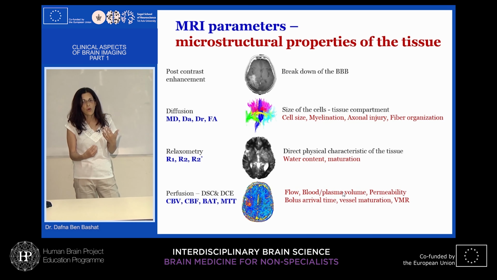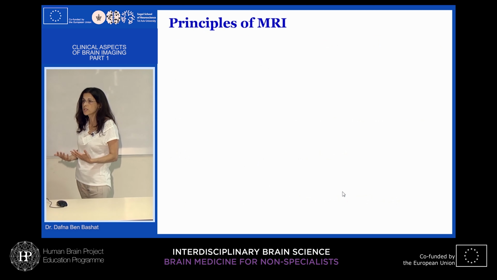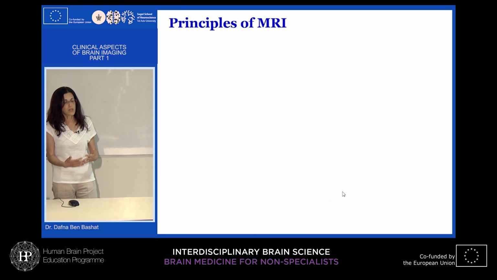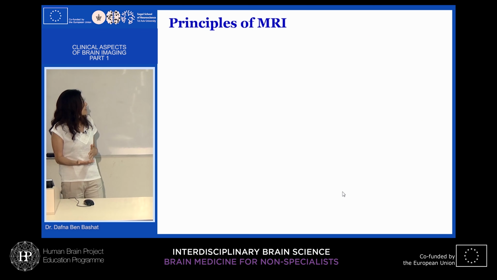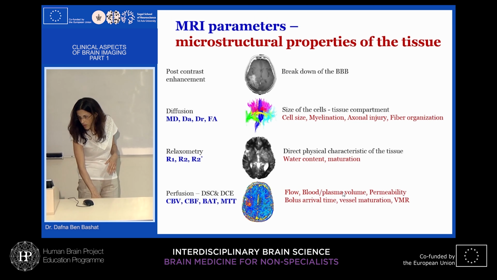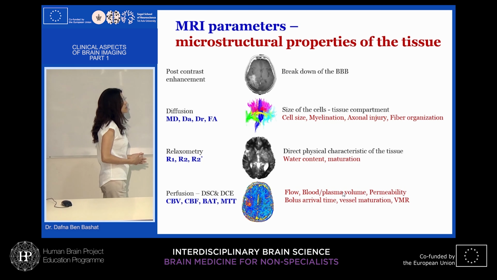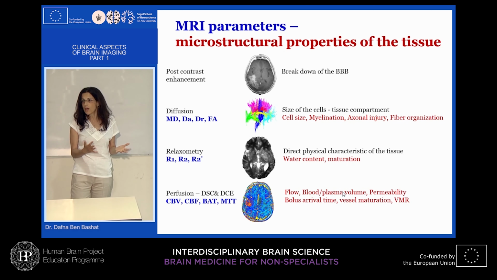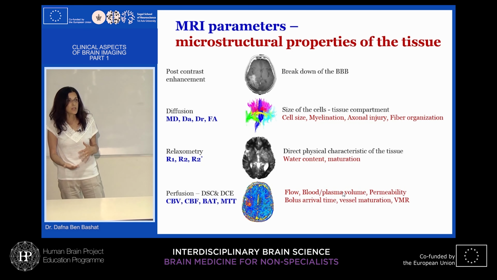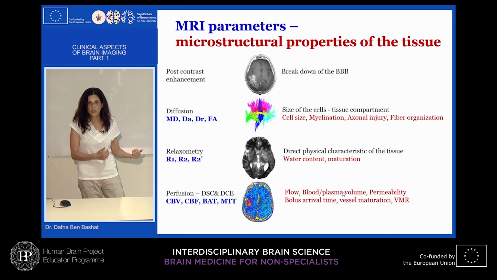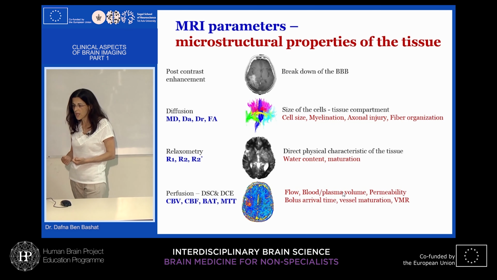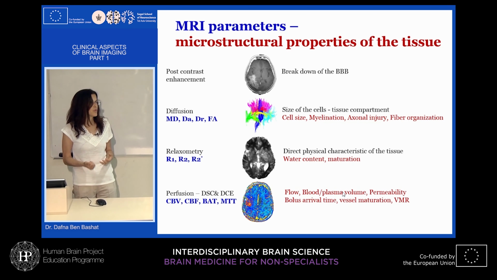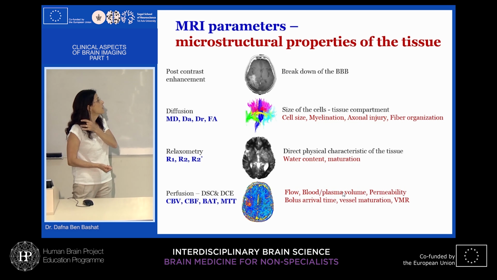So we need to know any information: what's going on, what we suspect, what is different. If there are differences in metabolites, maybe we'll choose MRS. If there are differences or abnormality in connectivity, we'll choose functional or structural. So really, the MRI protocol is tailored to the subject.